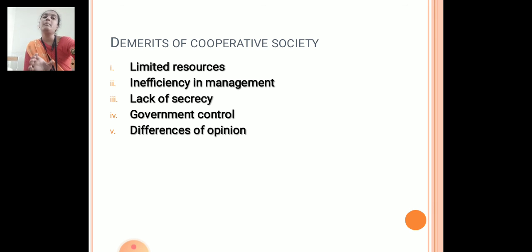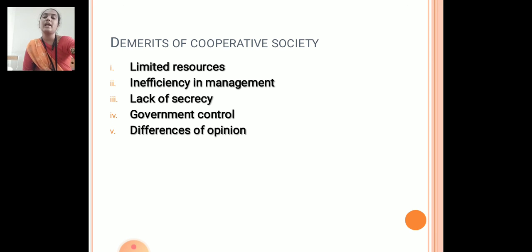Suppose in 10 members, if any one individual is protecting his own personal interest, the other 9 members' interest will not be protected, and if the members' welfare is not served, the purpose of forming the society is of no use. So that is the meaning of difference of opinion, and that is a major disadvantage.